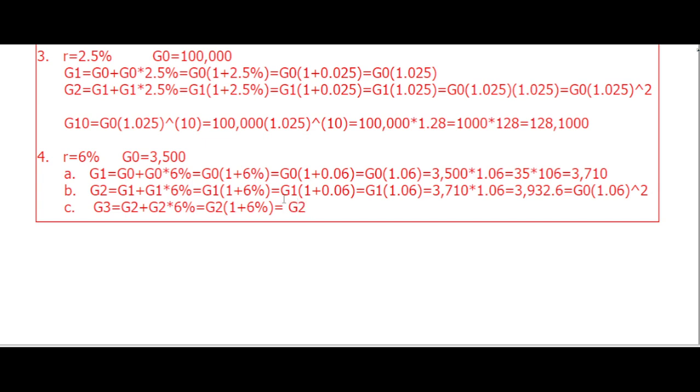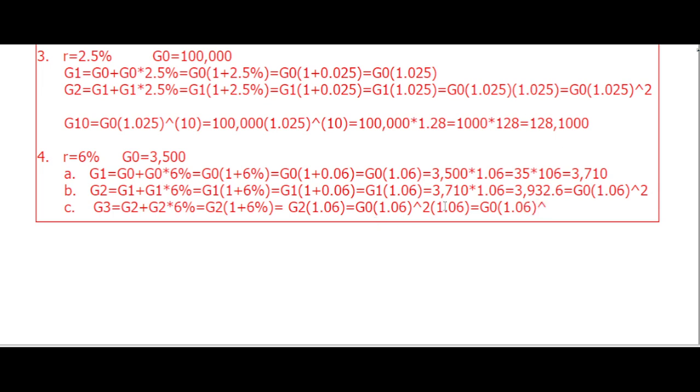So G3 is equal to G2 times 1 plus 6%, which is 1.06. Instead of G2, let's put in this expression, times this 1.06. After computing this, you get G0 into 1.06 to the power 3.